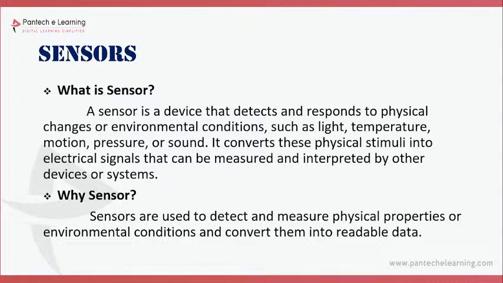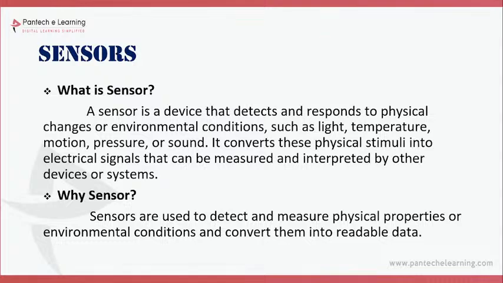Then, why a sensor? We use a sensor to get to know the physical changes or environmental conditions. Physical changes are detected by, for example, an IR sensor. A rain sensor works on environmental conditions, for example rainfall.